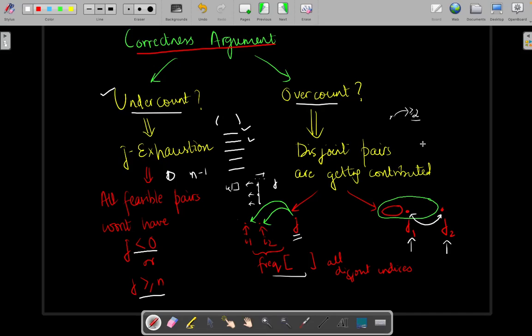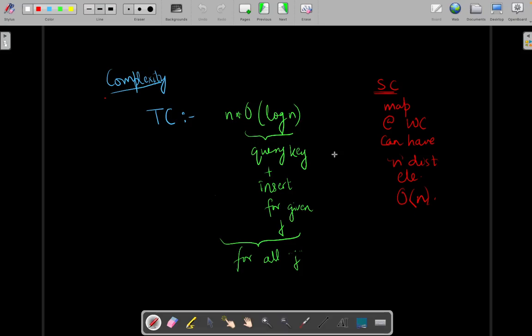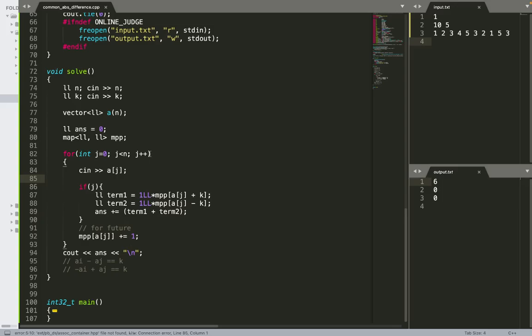And finally, the complexity of this, let's come to it after we discuss the code in short. So the way I have implemented it is I'm iterating over all potential values of j. We have taken a data structure map. This is a balanced binary search tree. And then I'm also initializing an array.